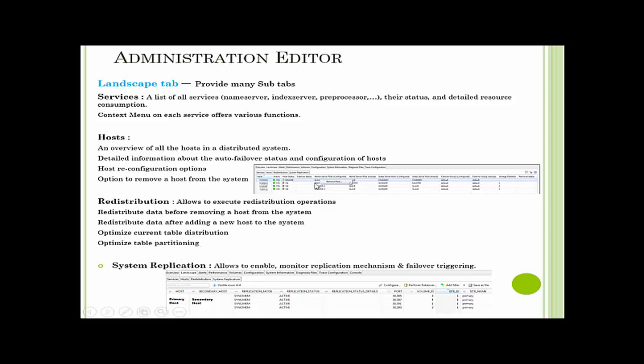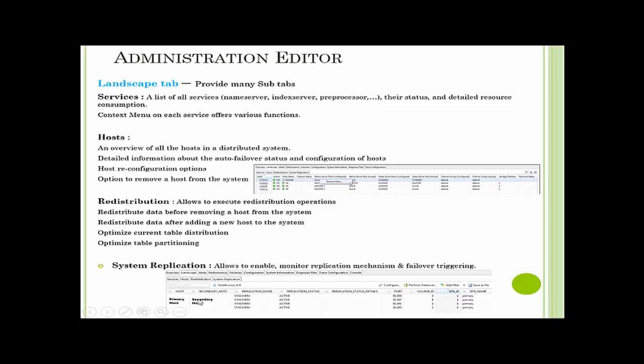And the last tab is about system replication, which allows us to enable and monitor the replication mechanism and do failover triggering. So in case of any system down situation, that is any host down situation, as part of the failover mechanism, we can do the takeover from the system replication subtab.